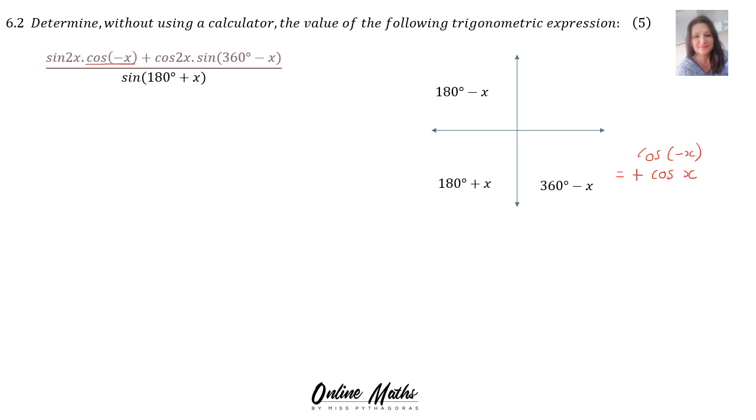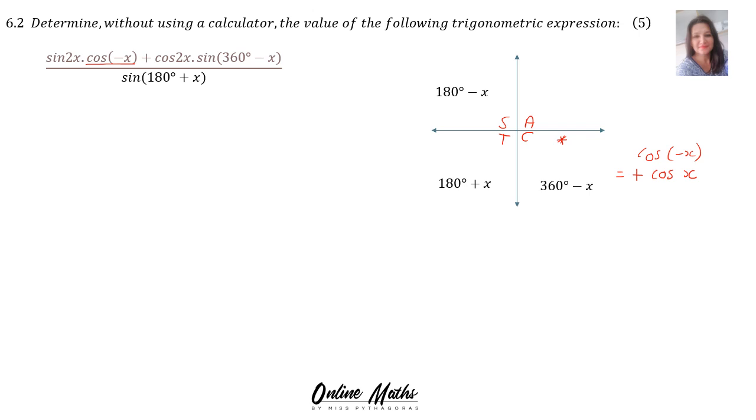And then plus cos 2x, and then we find a sin of 360 minus x. Now in the CAST diagram, there's your CAST diagram, and then this one is the 360 minus x quadrant, and sin in that quadrant is negative. Therefore, it will be minus sin x.